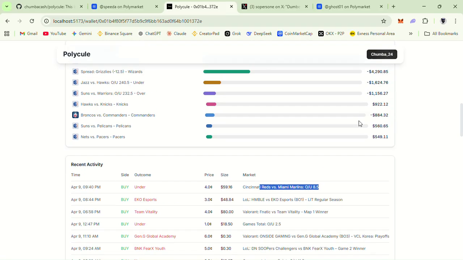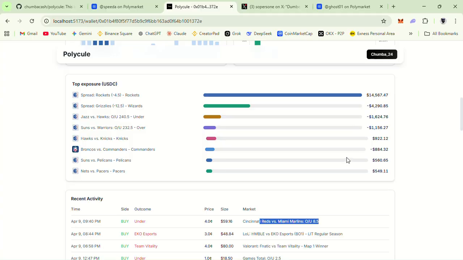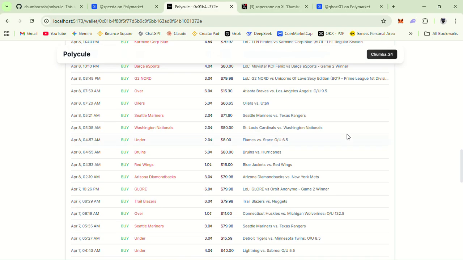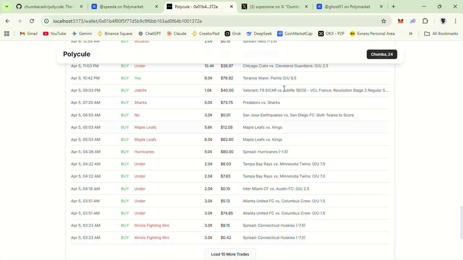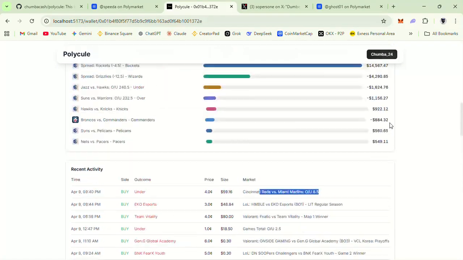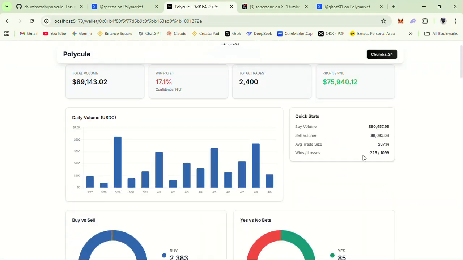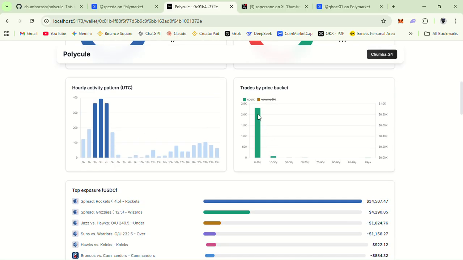I think that would be the best idea, rather than copying people blindly. But this wallet you can try and copy if you have a good amount of money to risk on his bets, which are basically under 1 cent buckets.